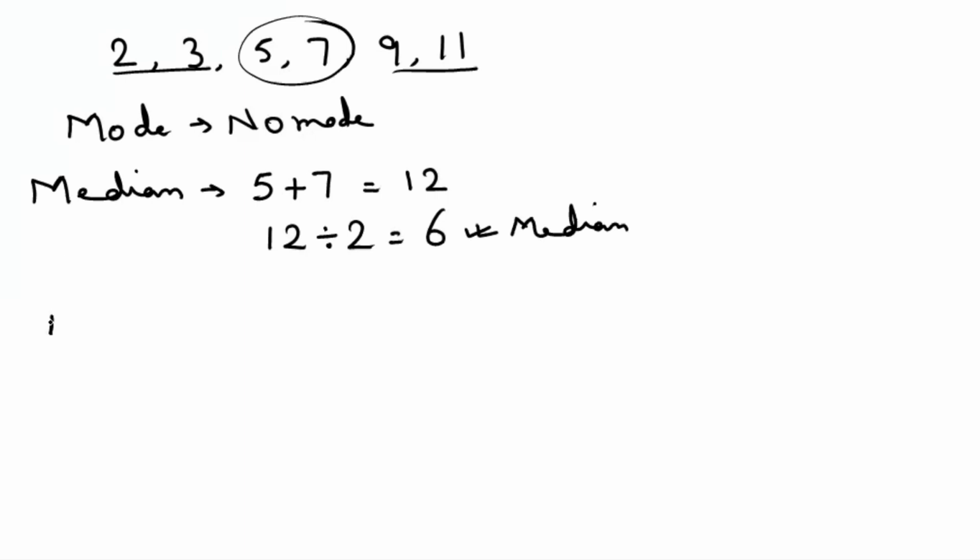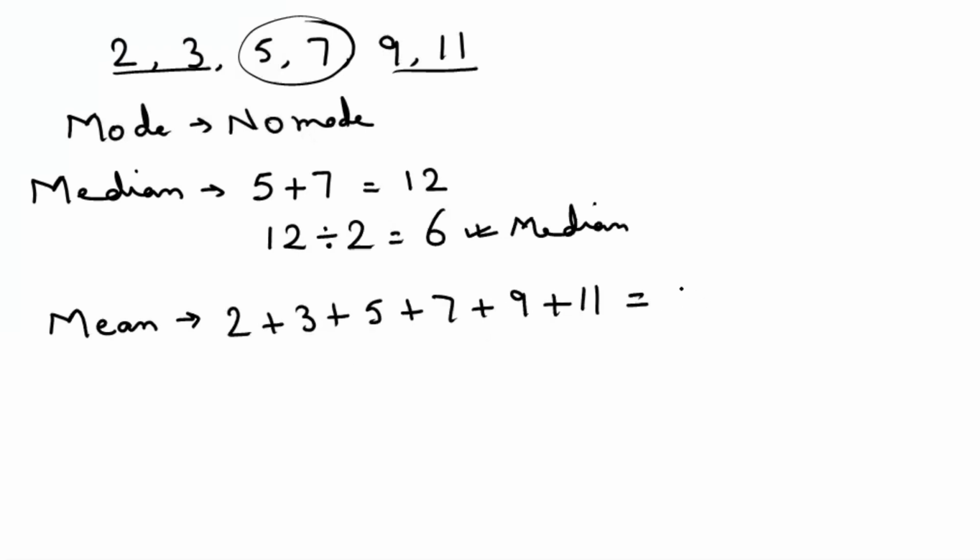Now we have to find the mean. For finding the mean, what do we have to do? We have to add all of the given numbers: 2 plus 3 plus 5 plus 7 plus 9 plus 11. The sum will be 37.